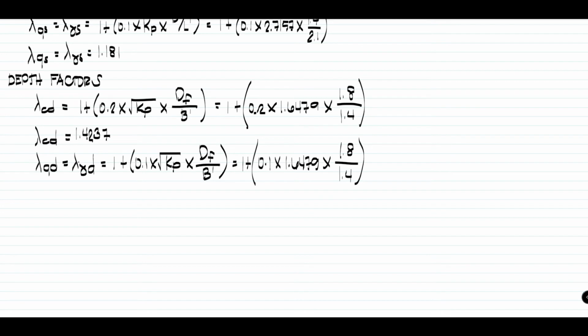So, our lambda QD and our lambda gamma D will just be equivalent to a value of 1.2119. So, kung gusto nyong balikan kung paano ko nakuha tong equation ng shape and depth factors, just watch the video regarding the Meyerhoff's bearing capacity equation.